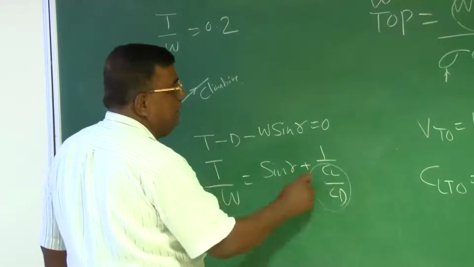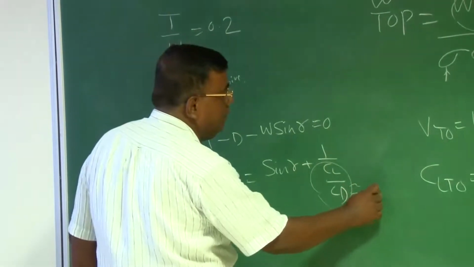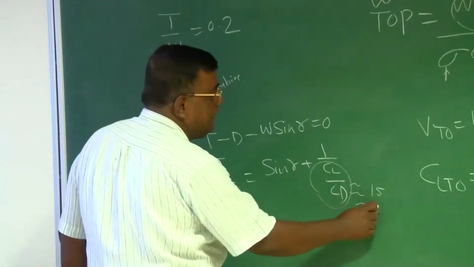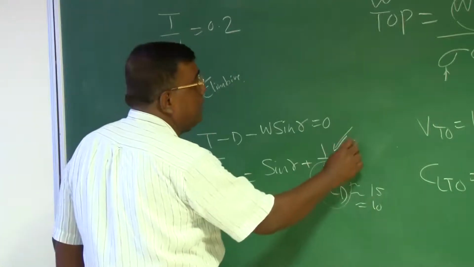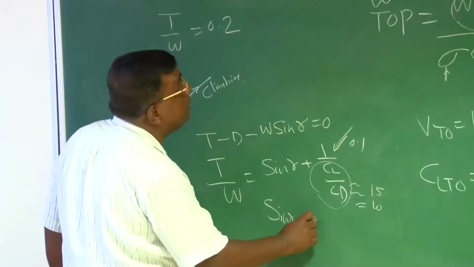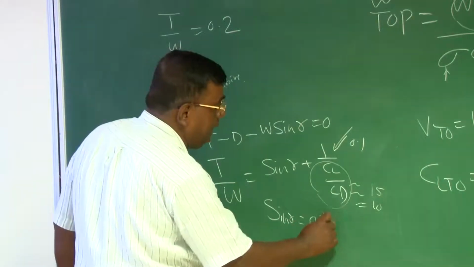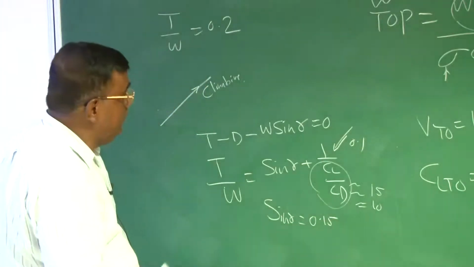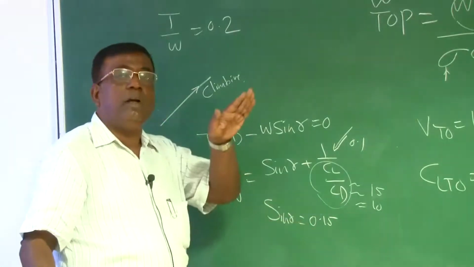And CL by CD, let's say you are around 15 or 10. If it is 10, this value is 0.1. So sine gamma will be equal to 0.15 if you have taken T by W equal to 0.25, and that will correspond to a particular climb angle.